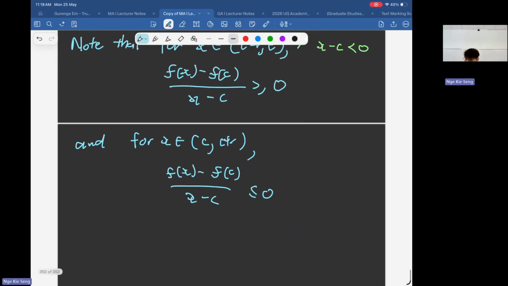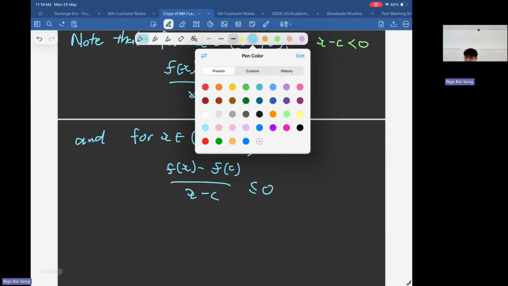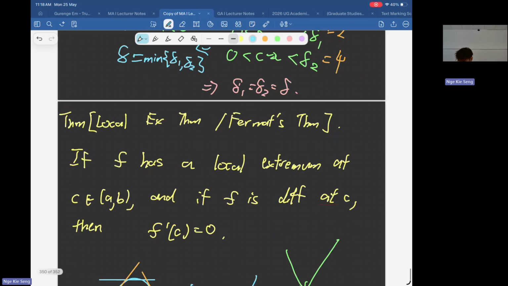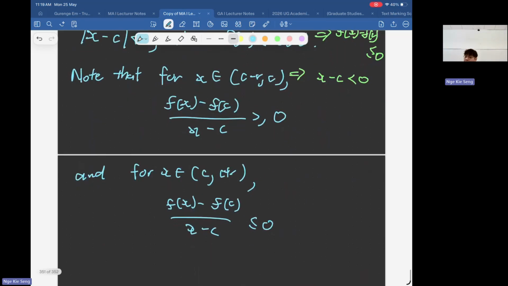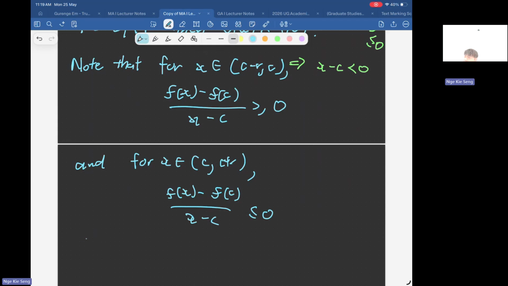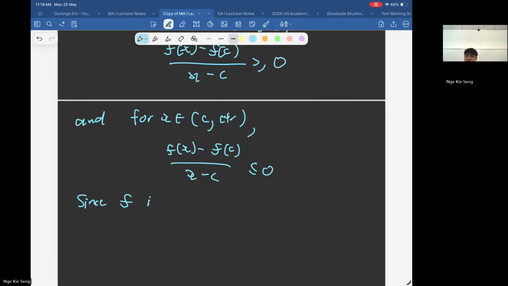But then what do we know about this function f? This function is differentiable. Meaning what? If you take the limit, these two numbers have to be the same. But what sort of value could you take there? What is the intersection between these two ranges? One has to be less than or equal to 0, the other has to be greater than or equal to 0.